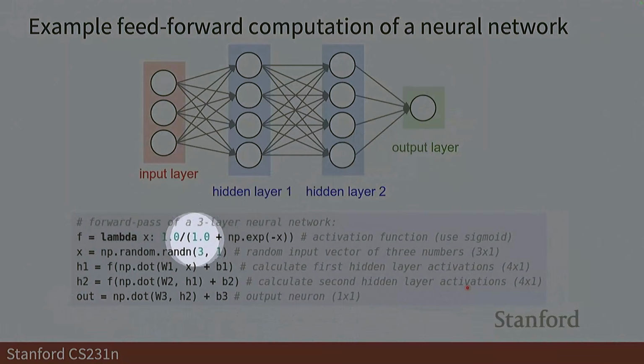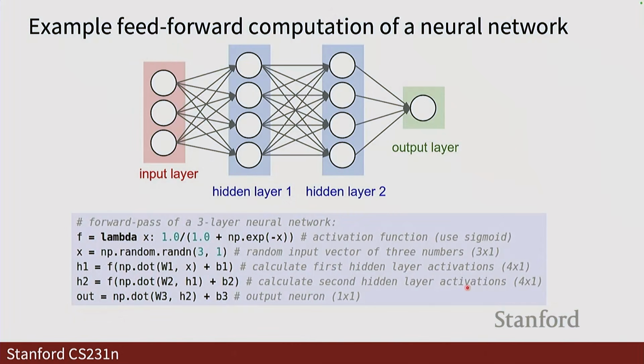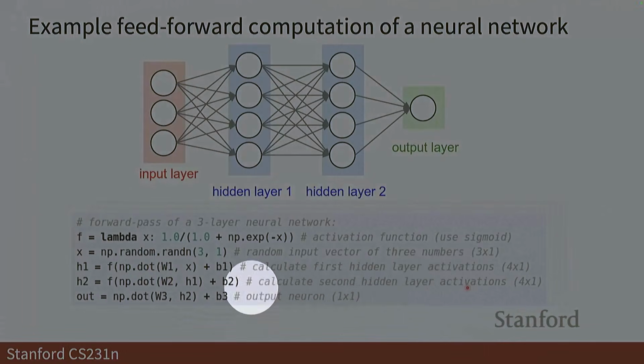What we only need is to be able to define an activation function. In this example, we have the sigmoid function defined as the activation function, and very easily using that activation, the first and second layers of hidden neurons are calculated by applying W1 to X, adding the bias, and then applying the activation function.